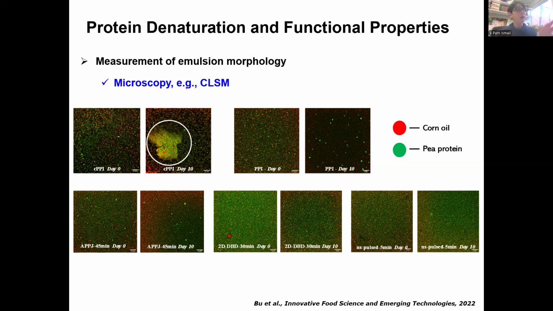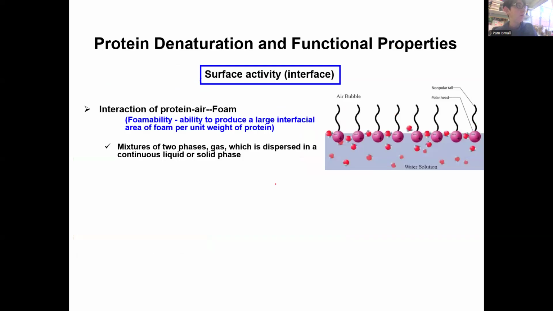So we combined microscopy with measurements of oil droplet size changes over time, viscosity, turbidity, and charge. That gives us a better evaluation of emulsion stability than just doing that model system assay, which is not a very good predictor.